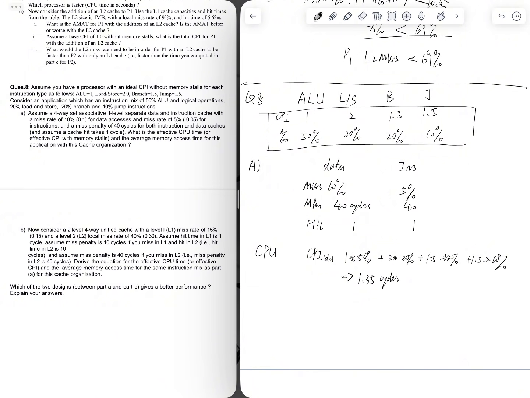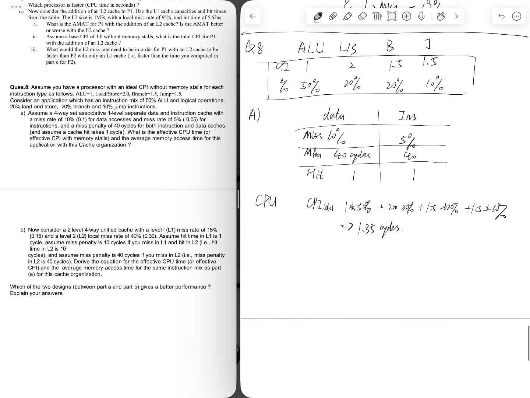But actually, when we calculate the CPI, we need to consider the stalls. So you remember here we will have stalls for data and instruction misses, right? So we want to get the data miss penalty and the instruction miss penalty.